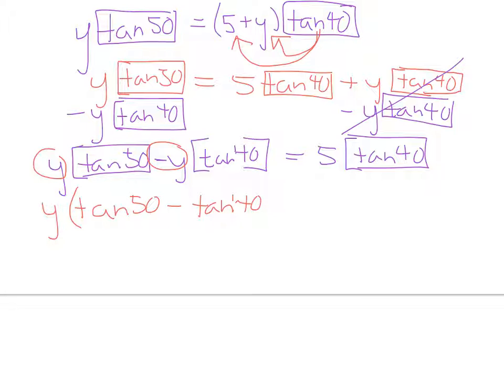Now remember, that tangent and that 50 cannot be separated, and that tangent and that 40 can't be separated. So this is not tangent of 10, because I can't release those.